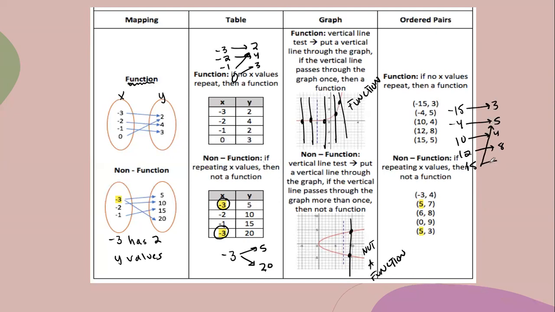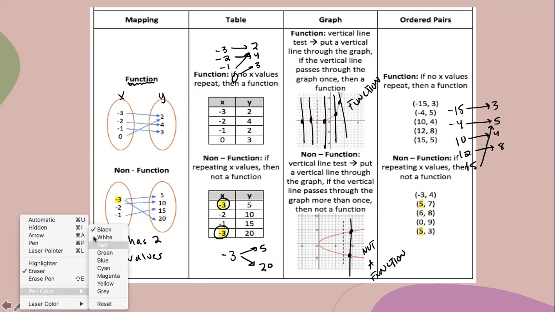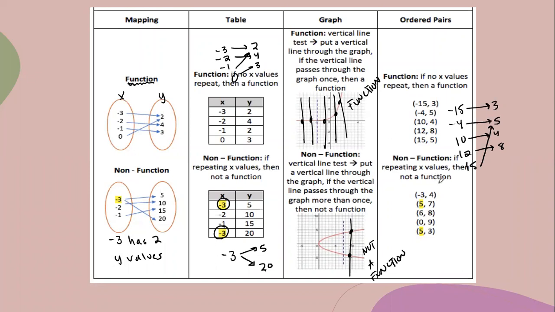Okay, so this is a function because every x only has one y. It doesn't matter if they share the same y value. Every x only has one y. But on here, if you look, 5 is repeating, 5 is with 7, and 5 is with 3. So I know that that's not a function.